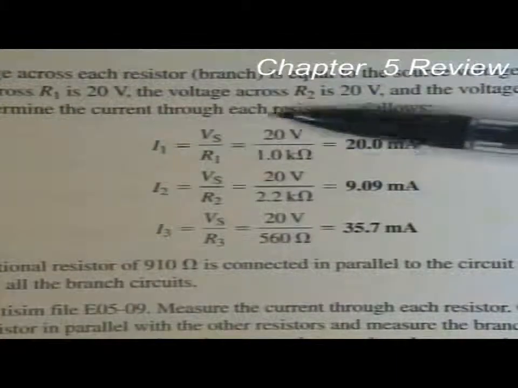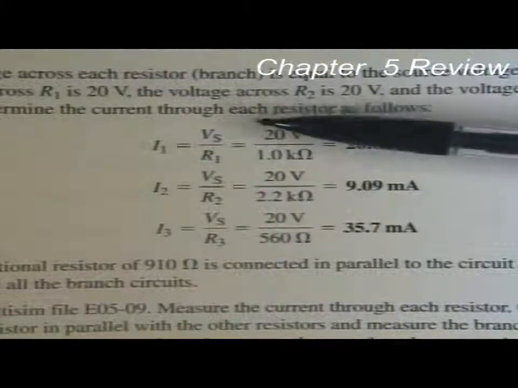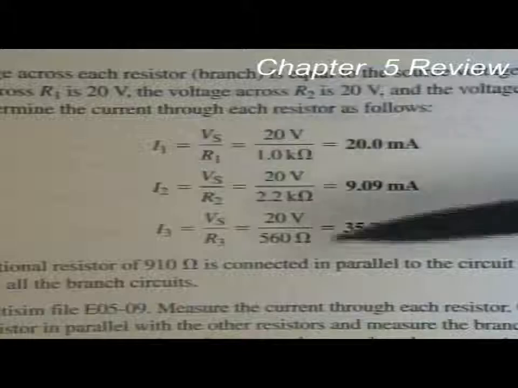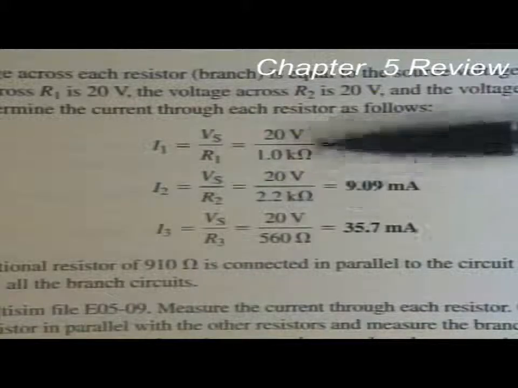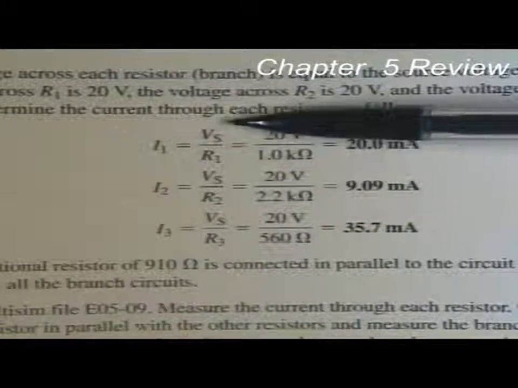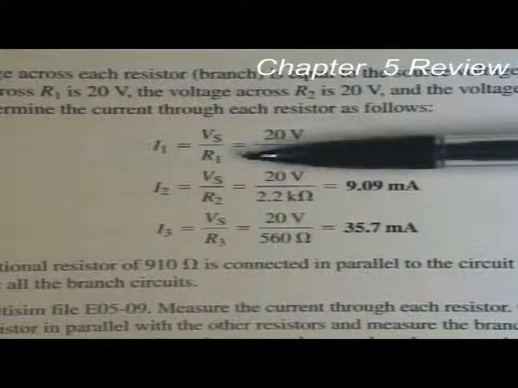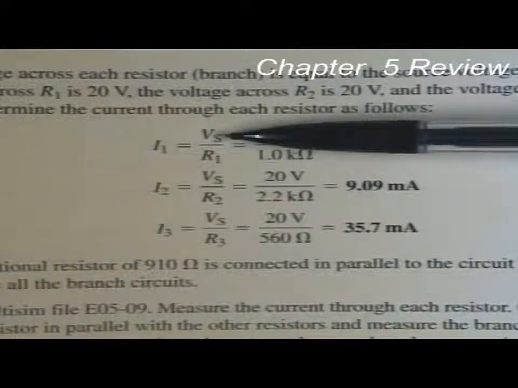I1 is going to follow Ohm's law. We're going to use Ohm's law to solve the currents, and they're quite evident. I'm not going to go through each of these. I'm sure that you've discovered that I equals E over R of one of the resistors. And again, we use V source.